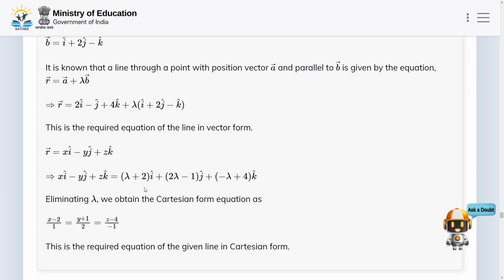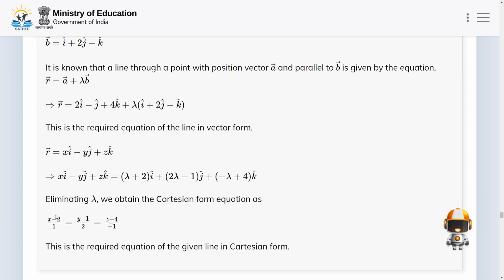Very simple. In order to get your Cartesian form, you have to eliminate your lambda, and then you will get (x minus 2) by 1 is equal to (y plus 1) by 2 is equal to (z minus 4) by minus 1. Or if you want to skip this elimination step, you can do that also.